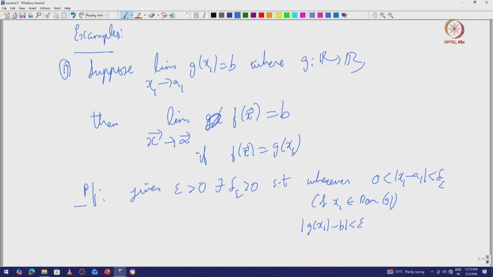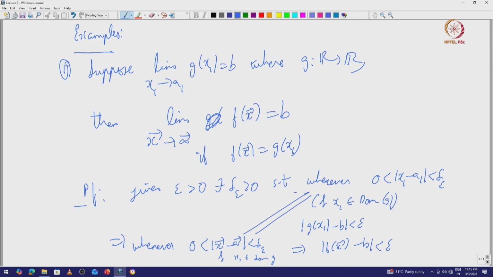Now this means whenever 0 is less than the norm of x minus a is less than delta epsilon and x1 is in the domain of g, mod of f of x minus b is less than epsilon, right? Why? Because this implies this.